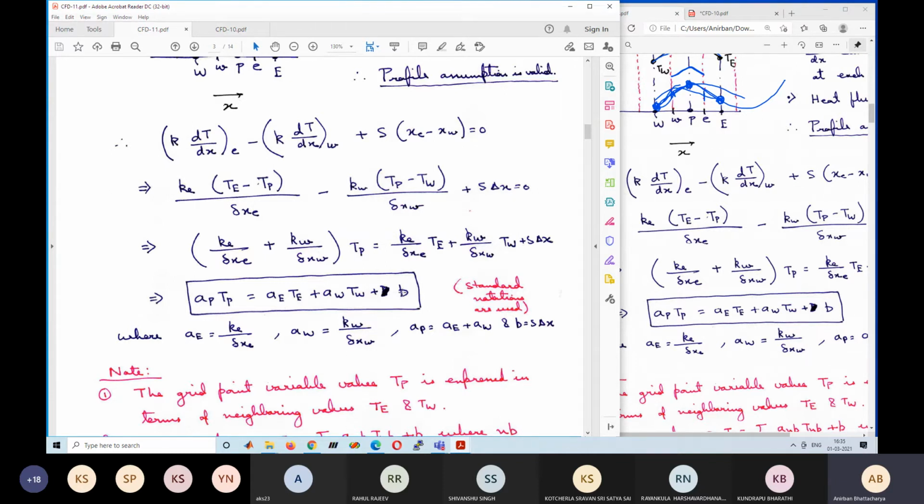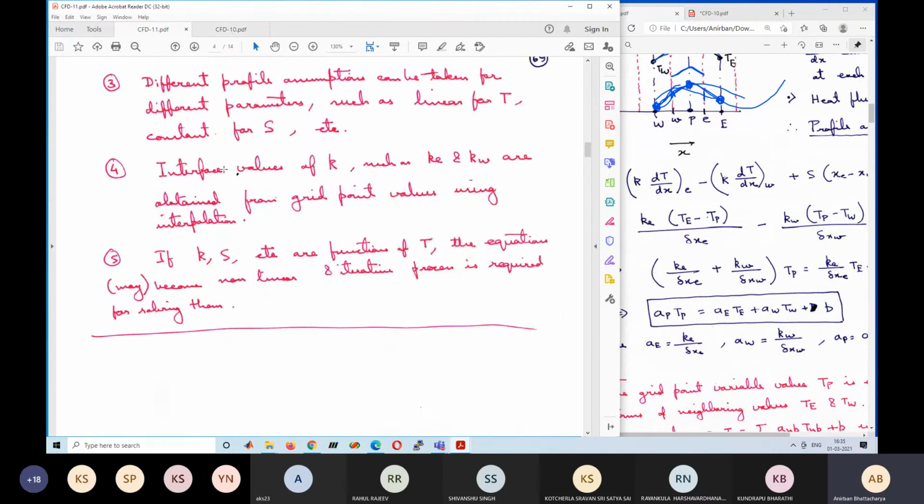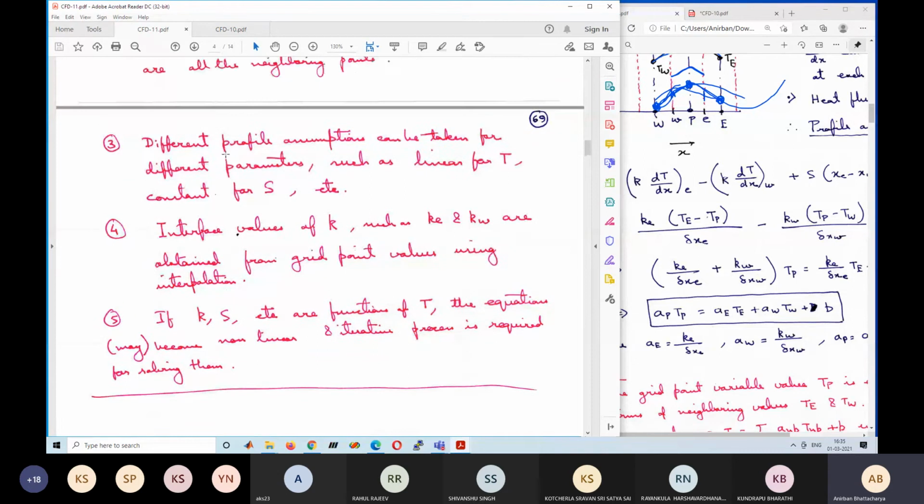This is the role of the finite volume method. That is what we have found ultimately. If we find AP, AE, AW, and B, we can supply these to the solver to solve for the temperature values. I will take a break here and we will continue this discussion after the break.